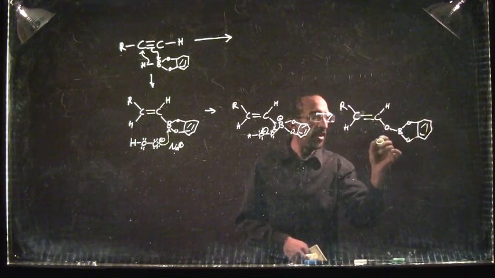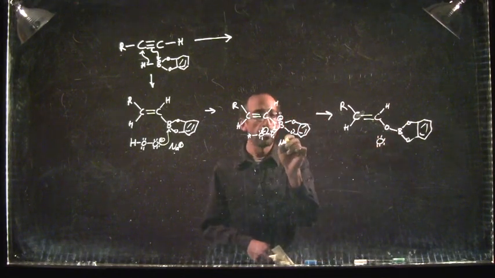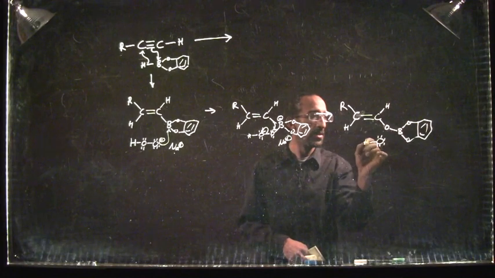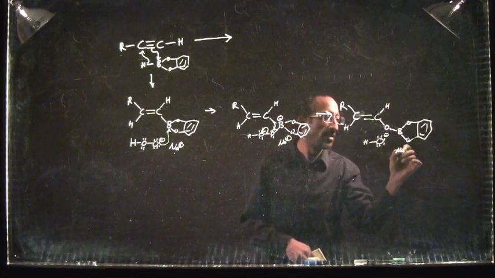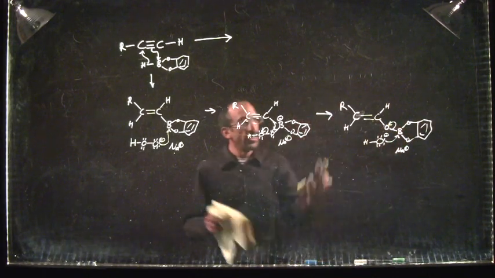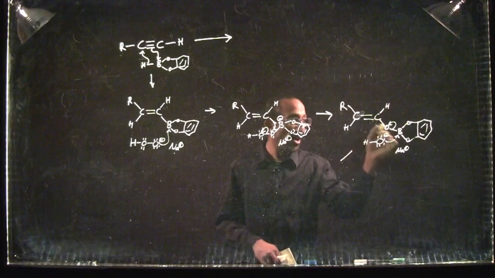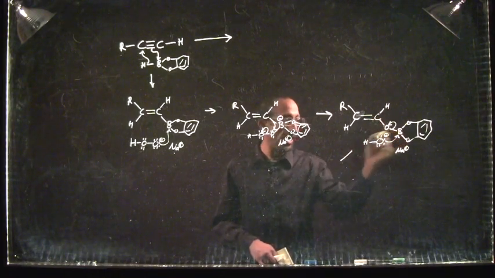We now have our hydroxide anion, which can displace this alkoxide, that OC group, off of our boron.